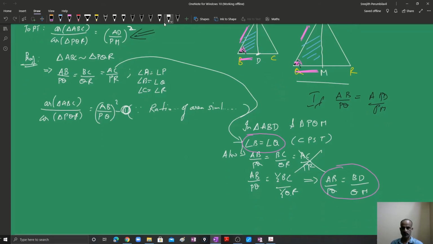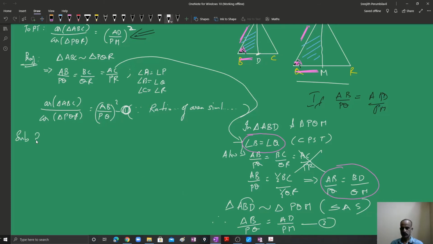Therefore we conclude that triangle ABD is similar to triangle PQM. Which similarity? SAS. Therefore AB by PQ is the same as AD by PM. Relation number 2.